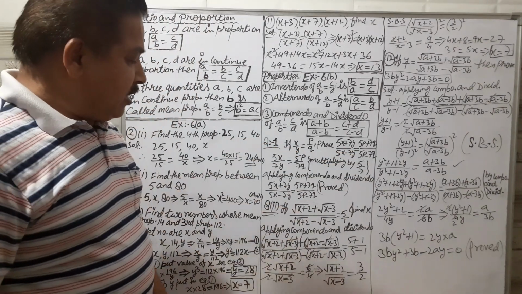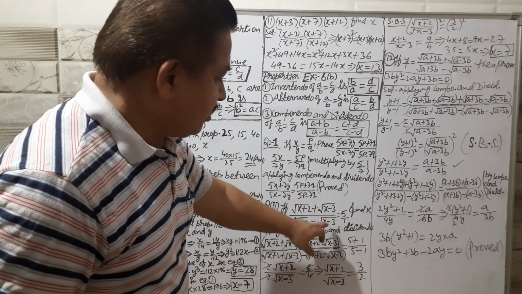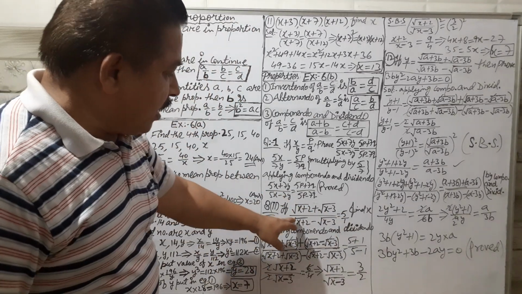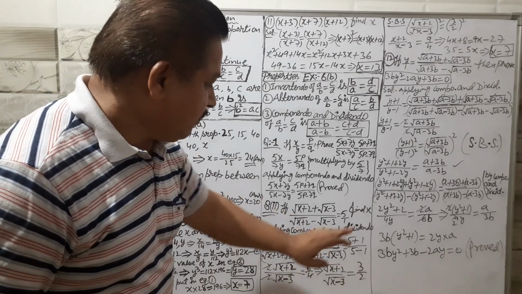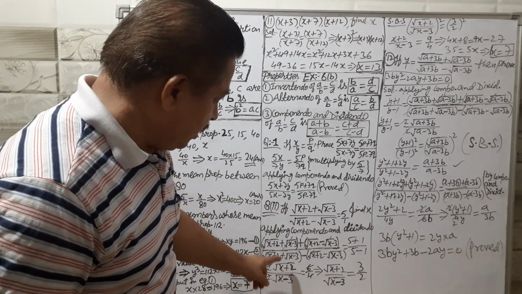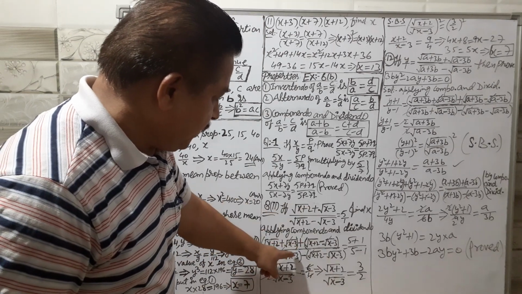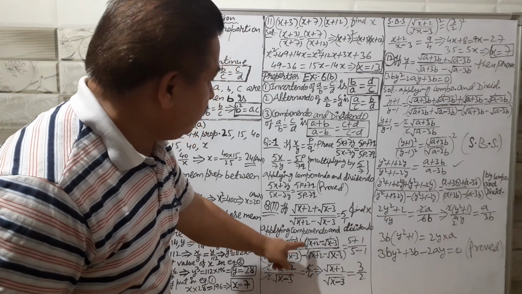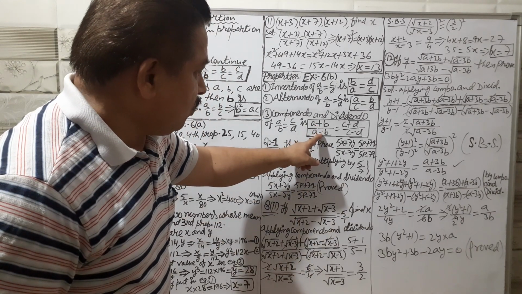Now see question number 8. This is given equal to 5. We can take 5 as 5 upon 1. Now again apply the componendo and dividendo form. In componendo and dividendo, numerator plus denominator. This part is the numerator and this part is the denominator. The numerator will come up with plus, and down minus.